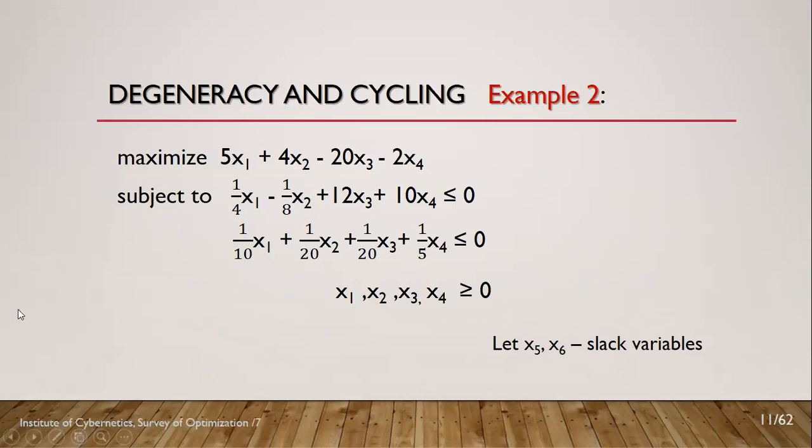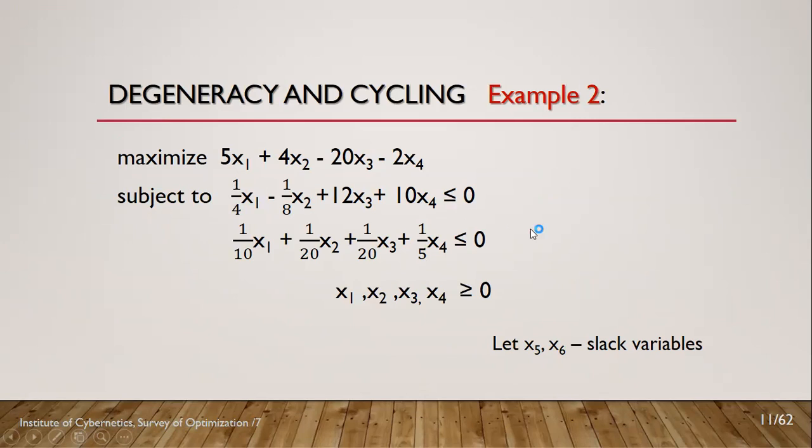Now, let's consider another example. To maximize the function which contains 4 variables with 2 constraints and non-negativity constraints, let x sub 5 and x sub 6 be slack variables, because we have the less than or equal inequality relationship, so definitely slack variables will be used.